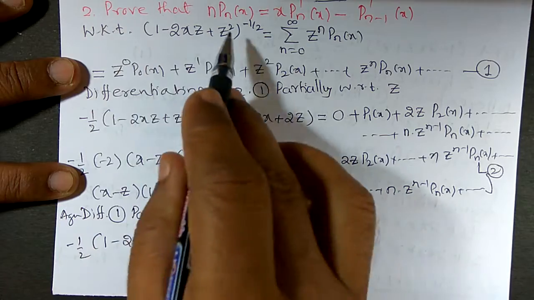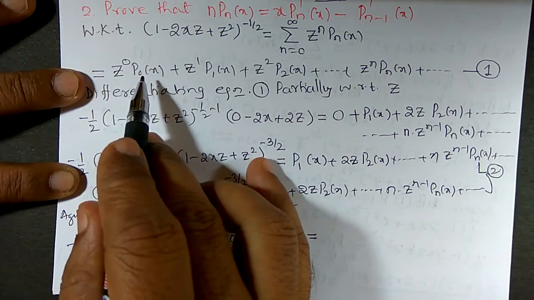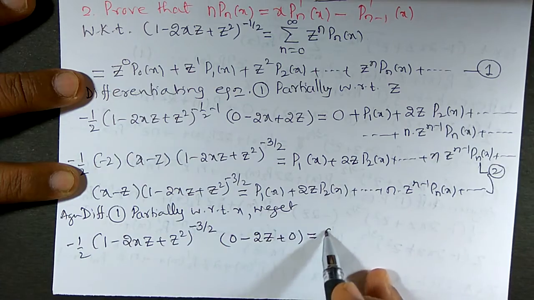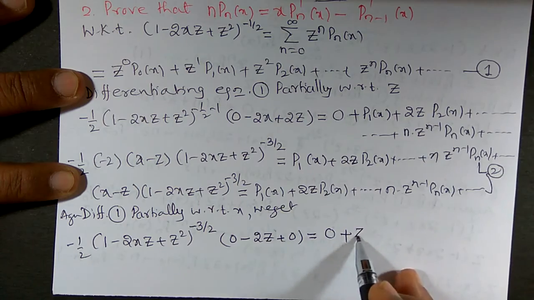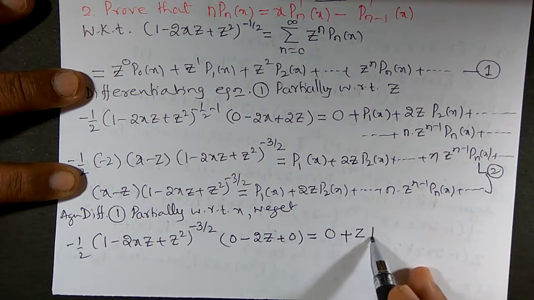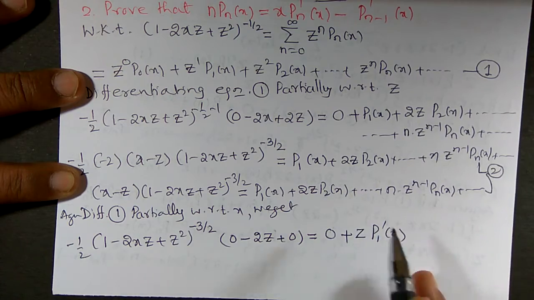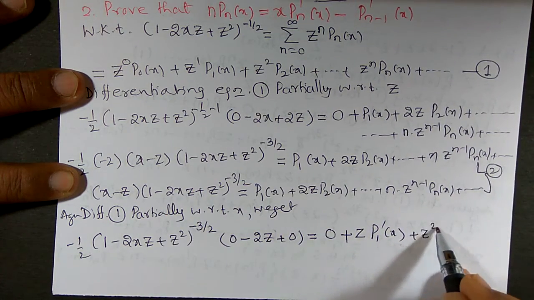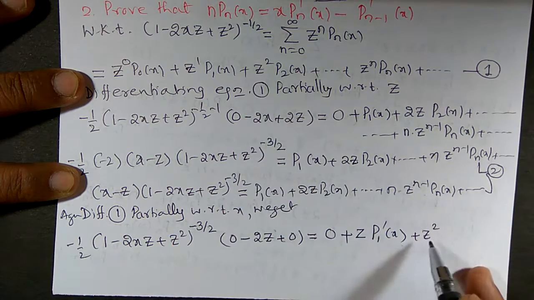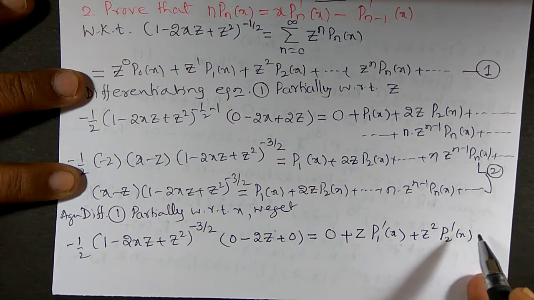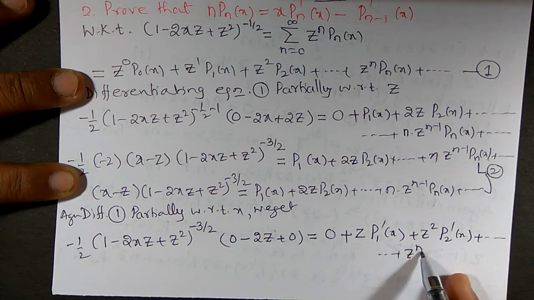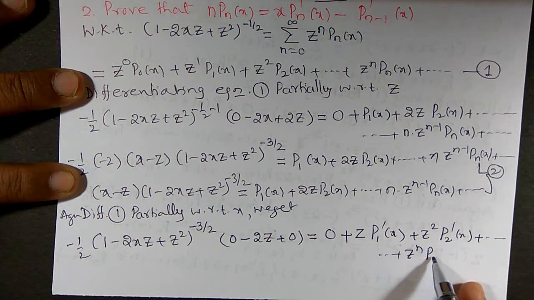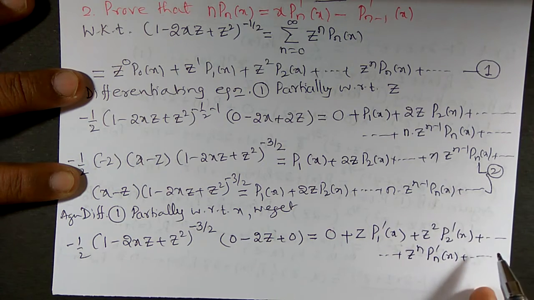I have differentiated the left hand side. Now I want to differentiate the right hand side with respect to x. Derivative of the first term is 0 because it is constant. In the second term z is constant, so I write z as it is, times P_1'(x), plus z squared is constant, P_2'(x), plus so on. The nth term, z raised to n is constant, P_n'(x), plus so on.